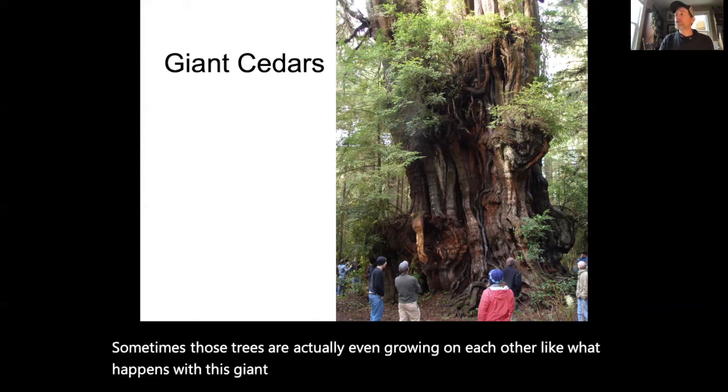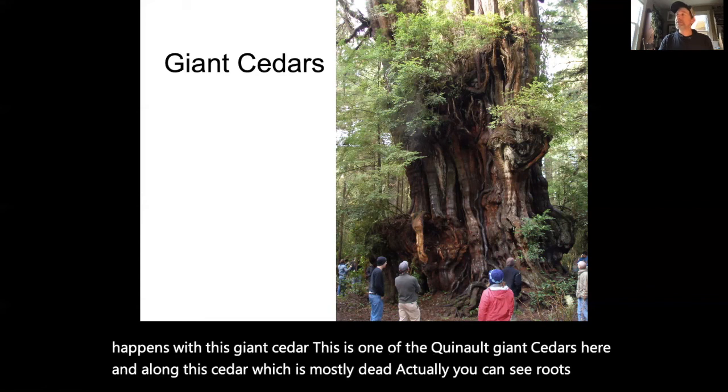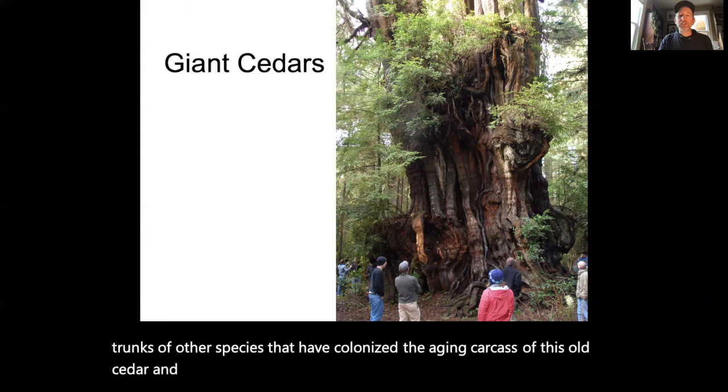This is one of the Quinault giant cedars here, and along this cedar, which is mostly dead actually, you can see roots and trunks of other species that have colonized the aging carcass of this old cedar. And now what once was just one tree may now be many different organisms.